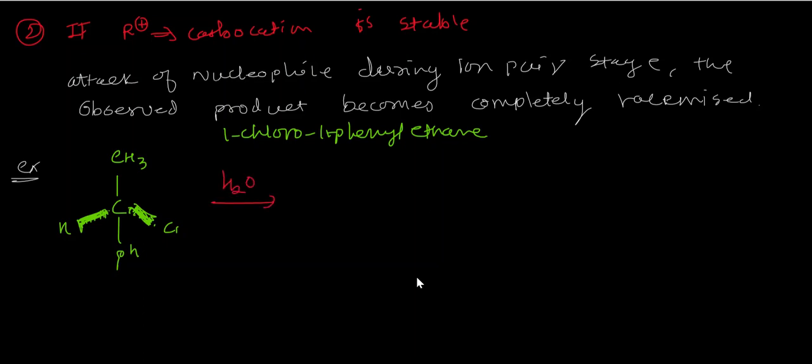So H2O is there. Now you can see the products are: CH3, C, Ph is also there, H is there, this is OH, plus the second product is CH3, C, Ph, that is phenyl group is there.